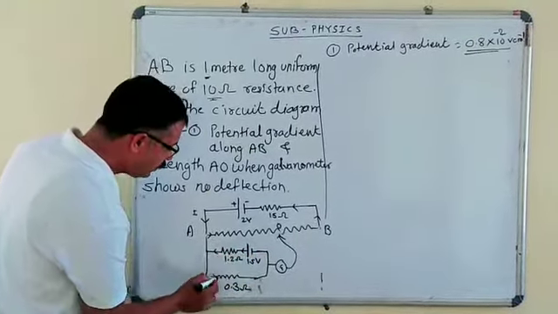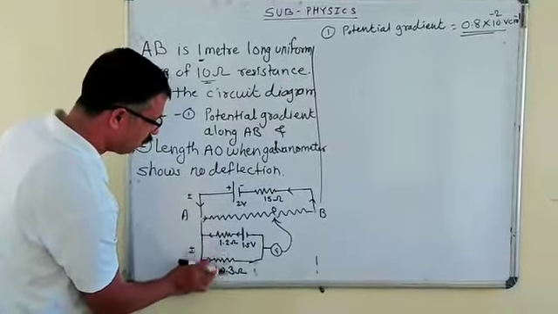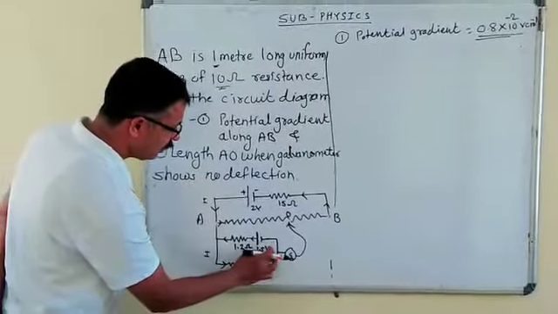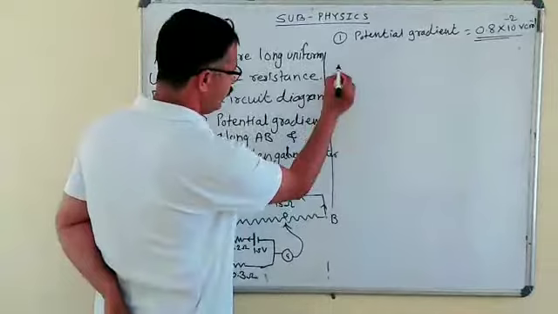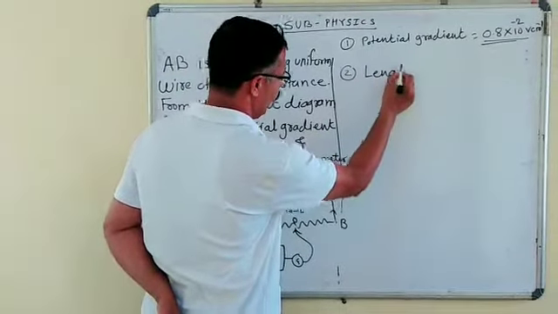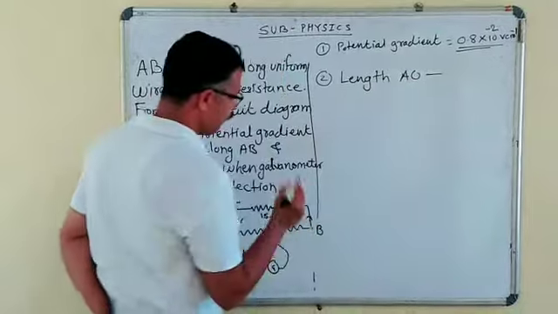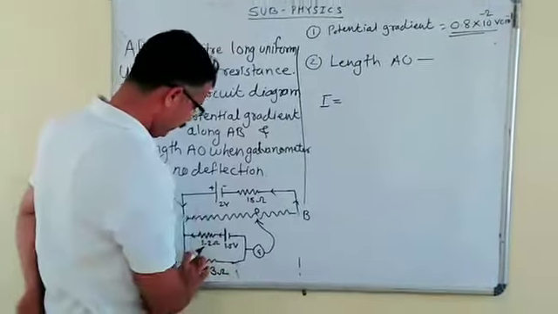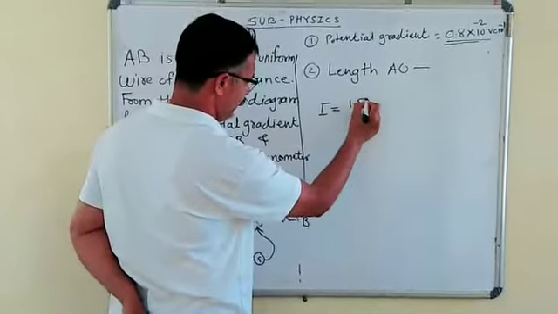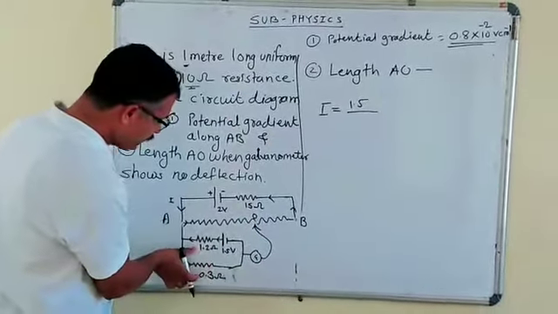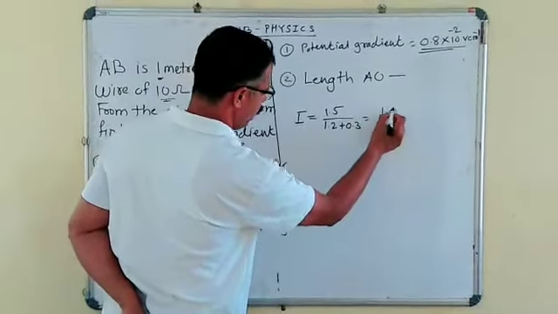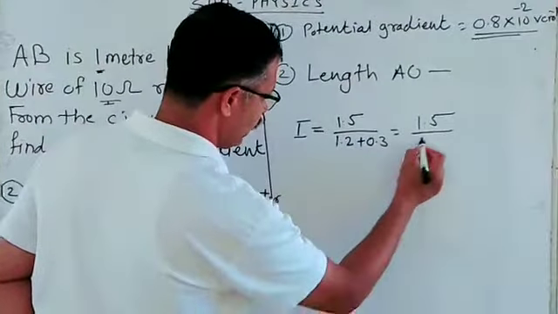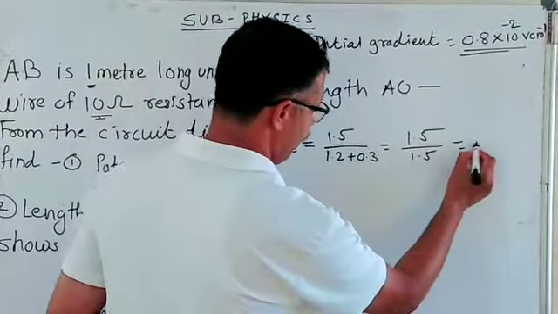For that purpose, I is required. For I, we will use Ohm's law, that is the potential difference upon the total resistance. Hence for the current, the total potential is 1.5 upon the total resistance, that is 1.2 plus 0.3, equal to 1.5 upon 1.5, that is 1 ampere.